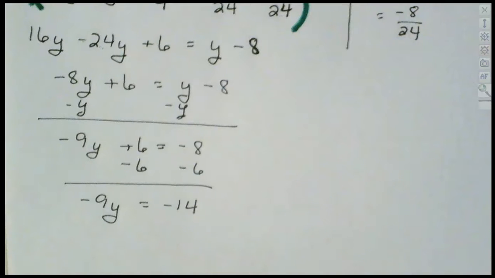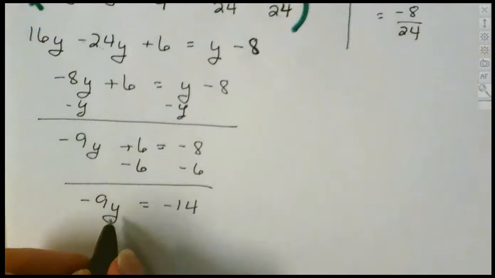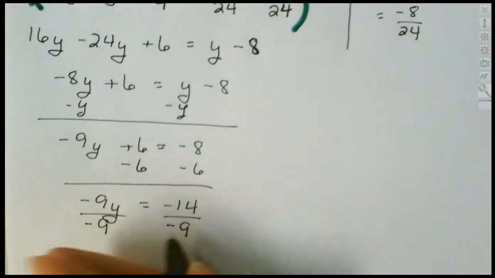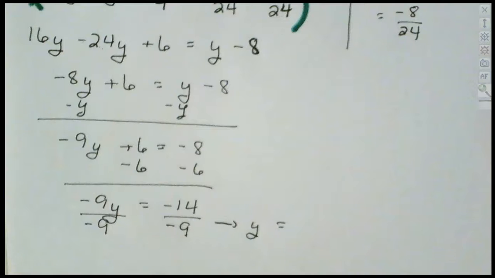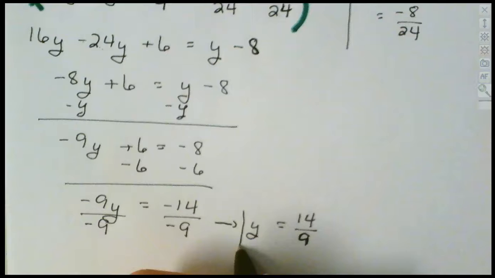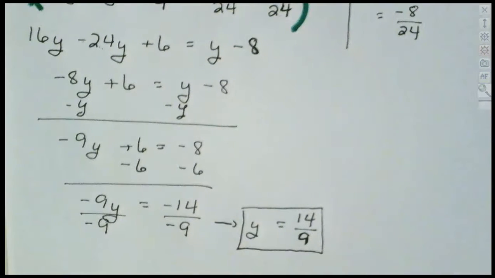And now how do we finish it out? We divide by what now? Yep, negative 9. And what happens when a negative gets divided by another negative? Positive. And then that comes out to be a positive 14 what? 14 ninths there. Is everyone okay with how I solved that one?